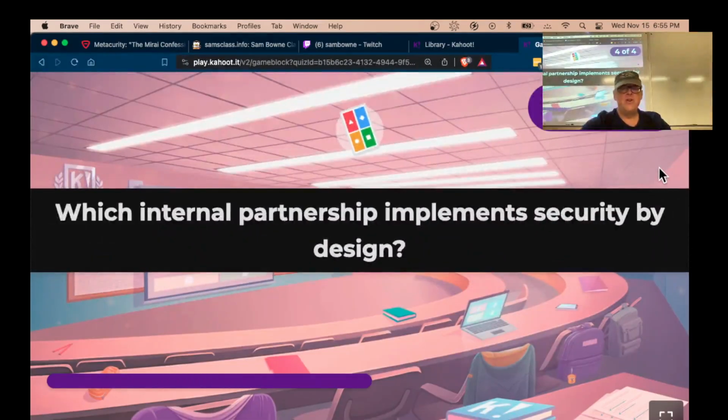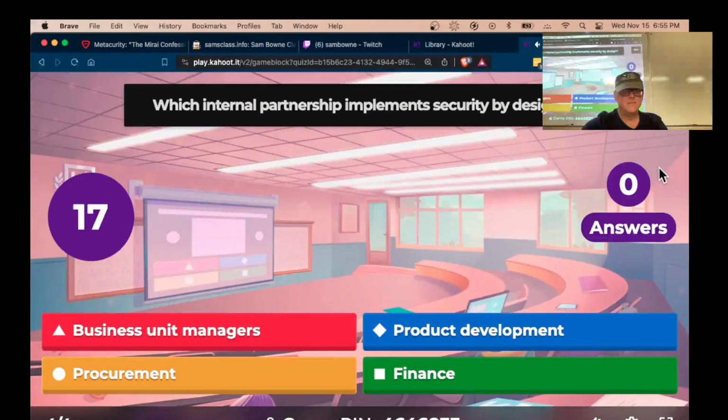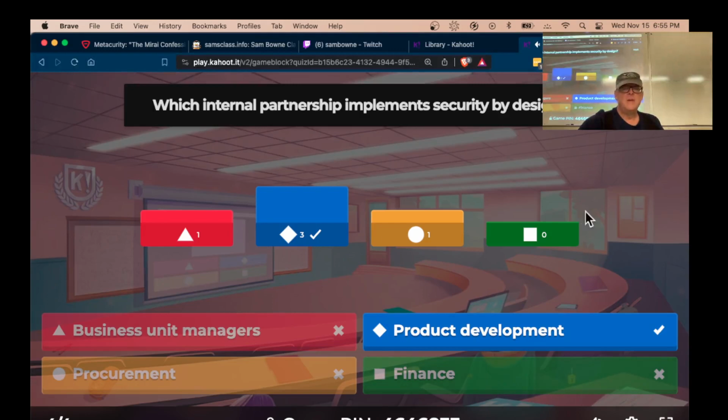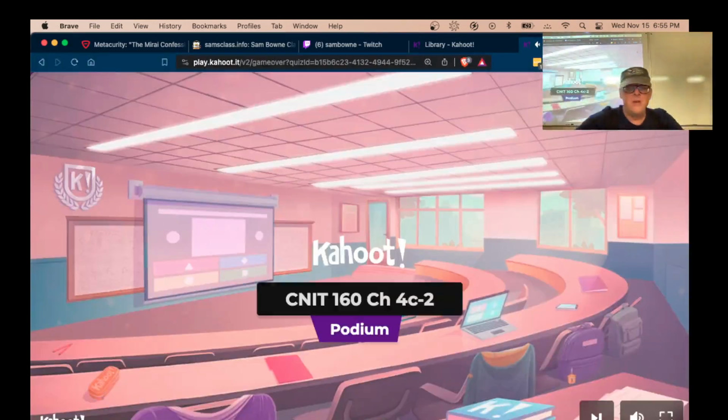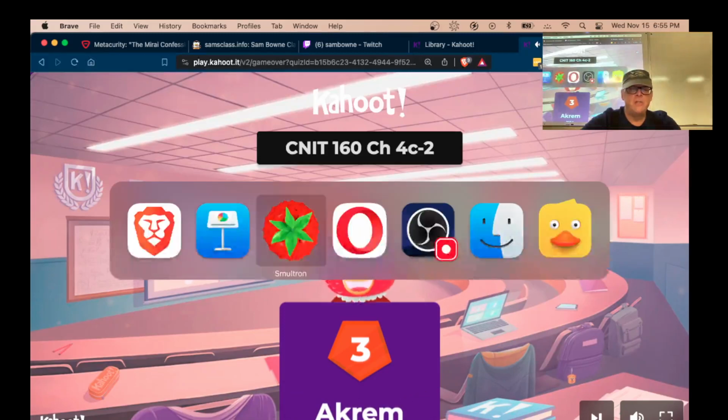And which partnership implements security by design? This is product development. Like I say, that's a very common issue there. Considering security in the early stages of developing the product.